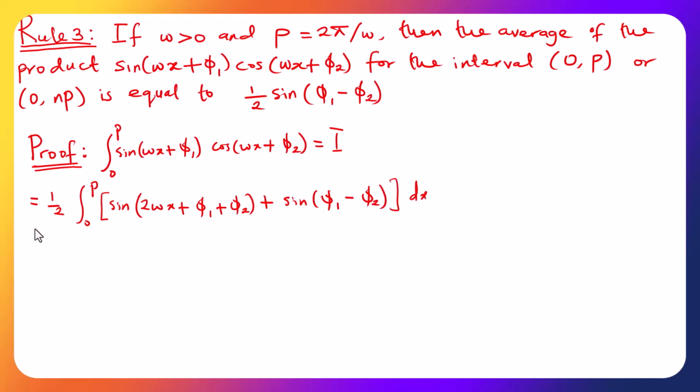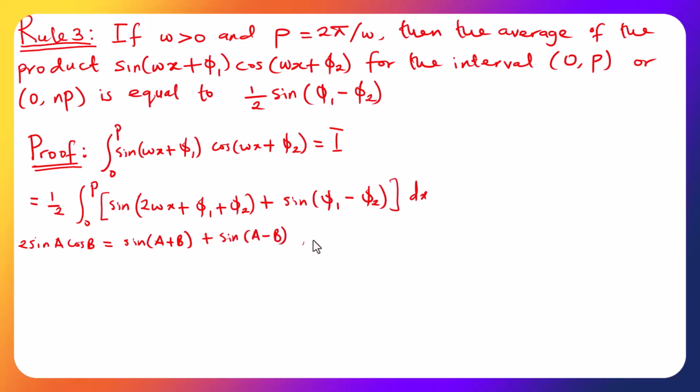And this is so because we know that 2 sine a cos b is equal to sine of a plus b plus sine of a minus b. So we should take note of that.